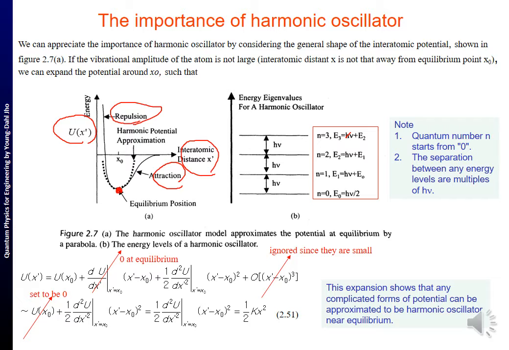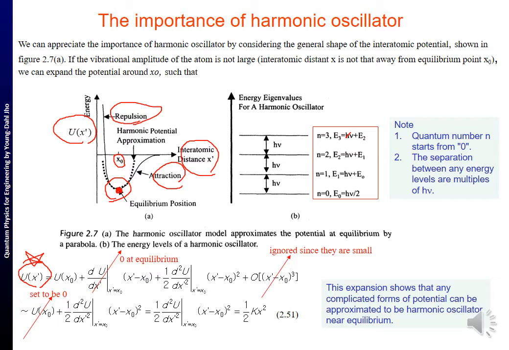So even though the potential shape is very complicated, near the minimum point of the potential, we have a Taylor expansion of the original shape as shown here. The minimum point is at x equal x0.